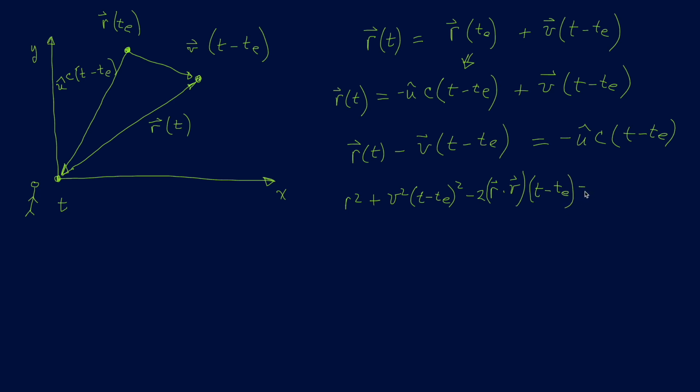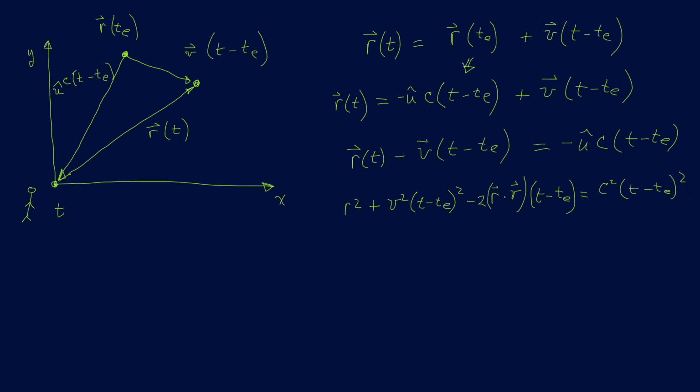And on the right side, what do we get? We get a nice simplification. Again, the minus sign goes away when we square. Unit vector goes away when we square it, and we just get C squared times T minus TE squared.